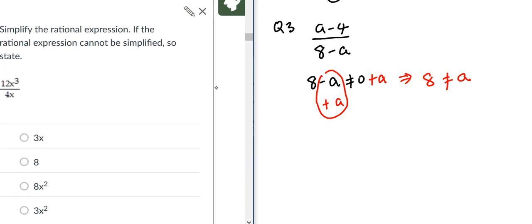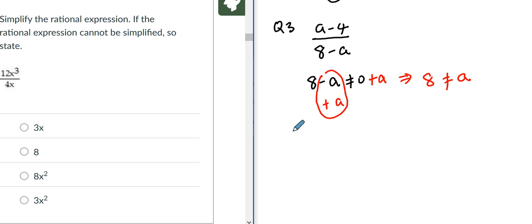Now, here question 4 will be different. Question 4 is we want to simplify the rational expression. Here we have 12 times x cubed. Downstairs is 4x.